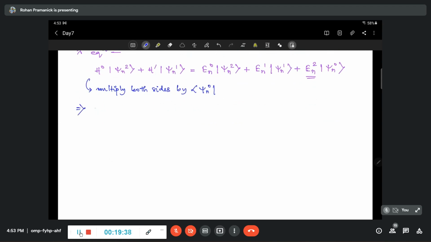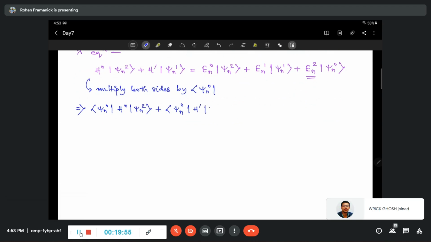This becomes psi n 0 H0 psi n 2. Please correct me if I am wrong, because the screen is small, so I cannot see what I am writing from the previous line. I have to somehow rely on my notes.